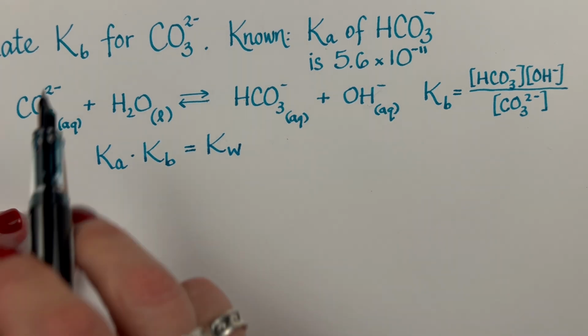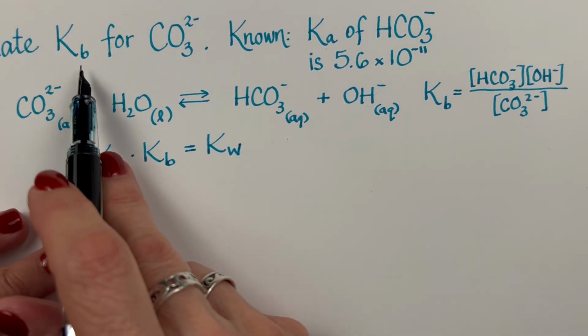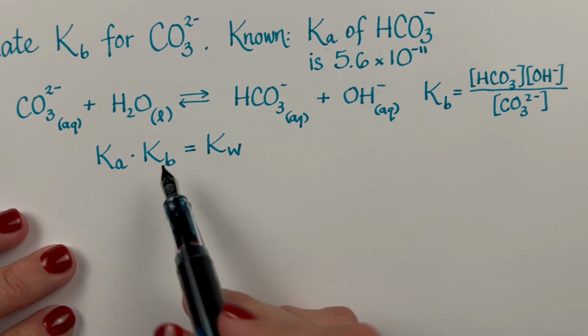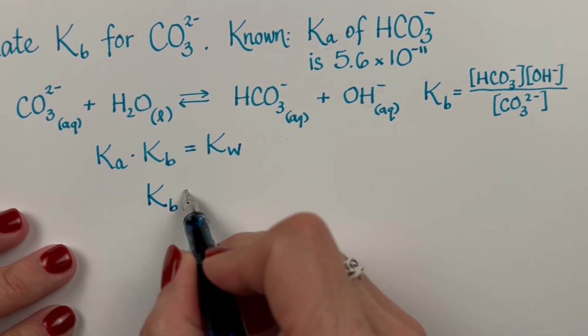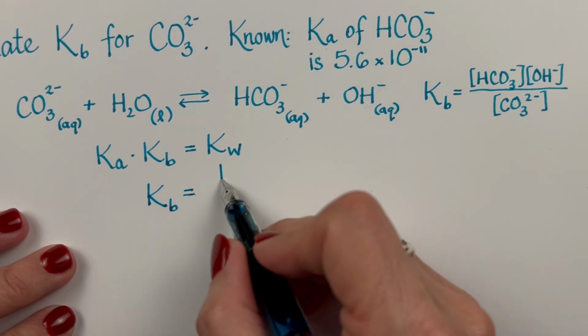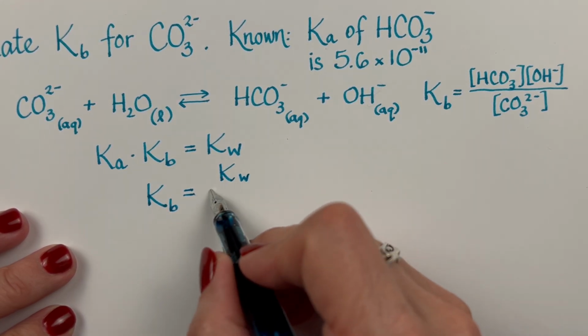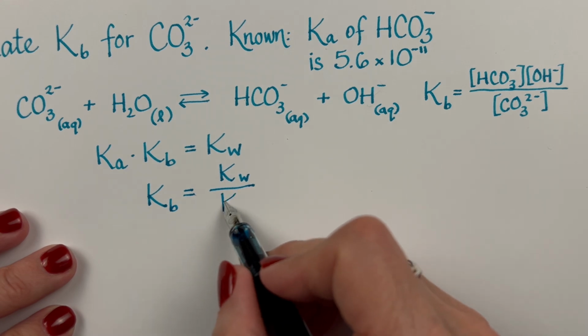What we don't know yet is Kb, so we can solve for Kb here, which is Kw divided by Ka.